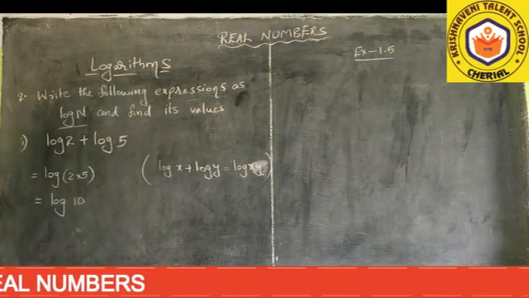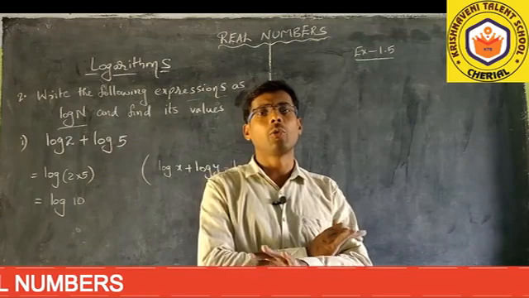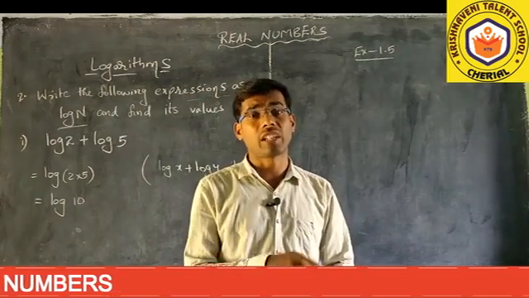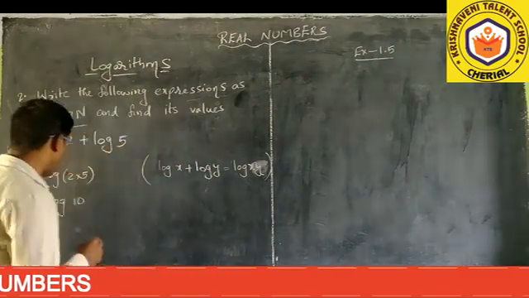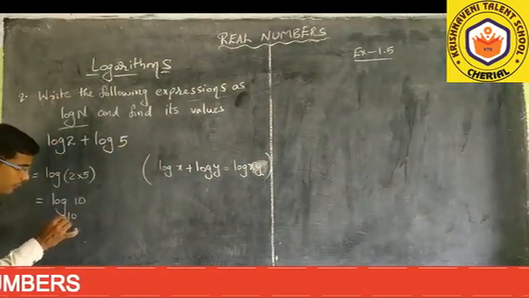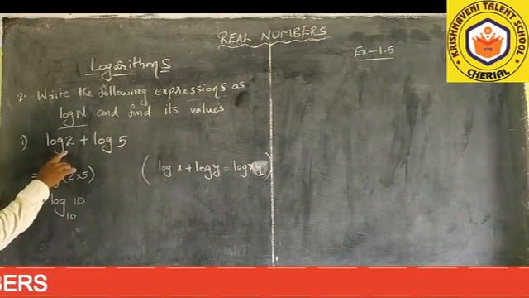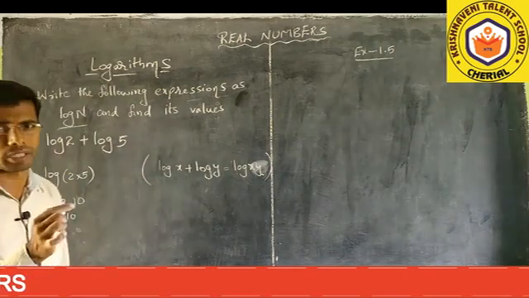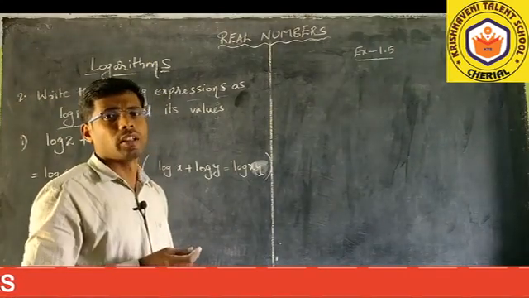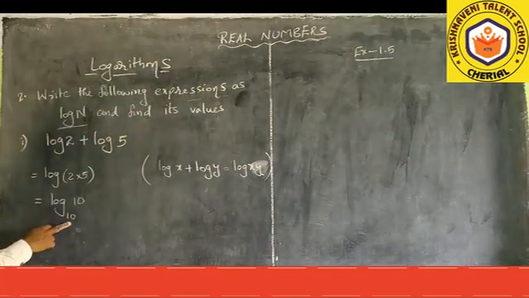In logarithms, you have to remember one thing: if they do not give any base, they do not mention any particular base value, then you have to consider the base as 10.